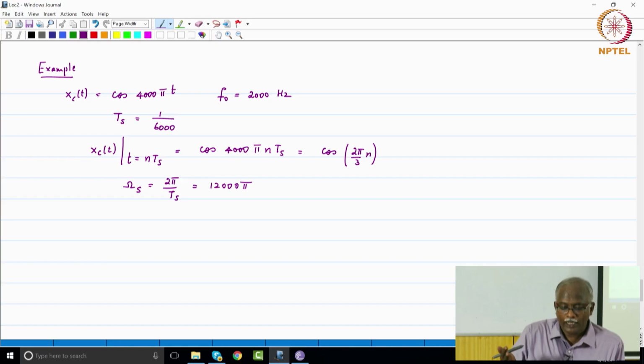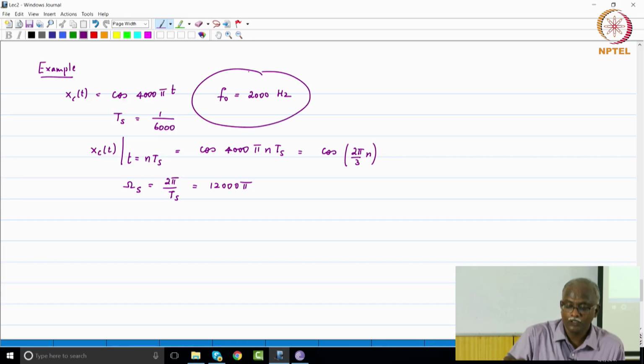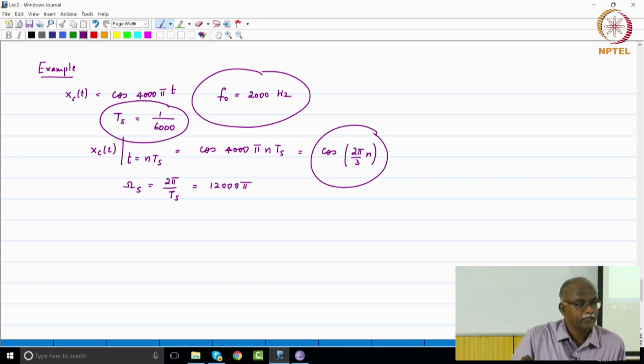Now, would any other continuous time frequency, not 2000 hertz, produce for me the same discrete time signal when sampled at the same rate? Is it possible for another continuous time signal to produce the same thing?